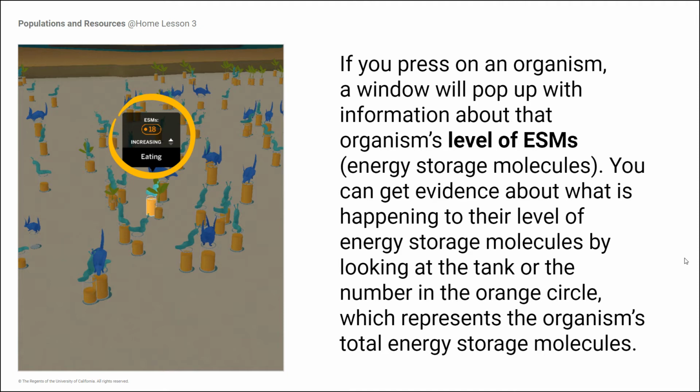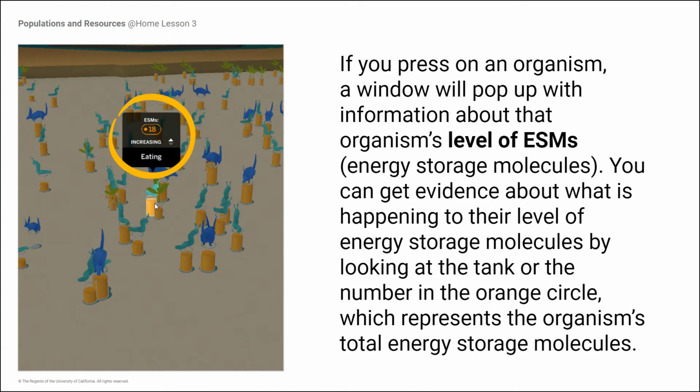If you press on an organism, a window will pop up with information about that organism's level of energy storage molecules. You can get evidence about what is happening to their level of energy storage molecules by looking at the tank or the number in the orange circle. Each represents the organism's total energy storage molecules.